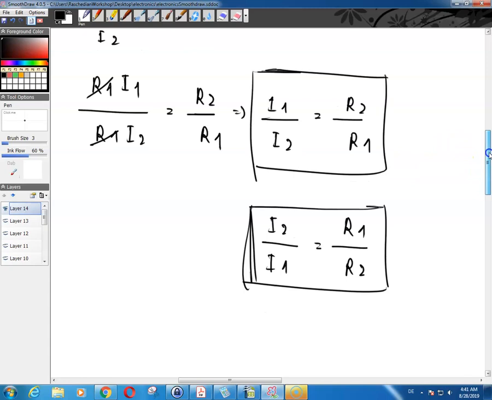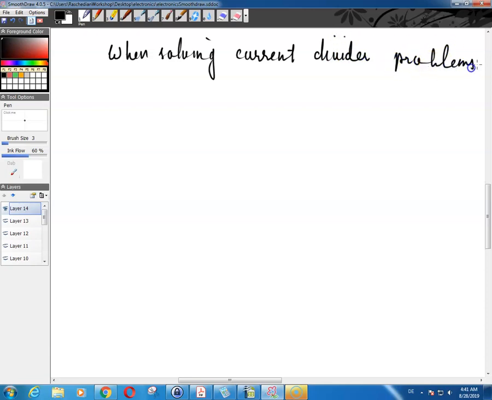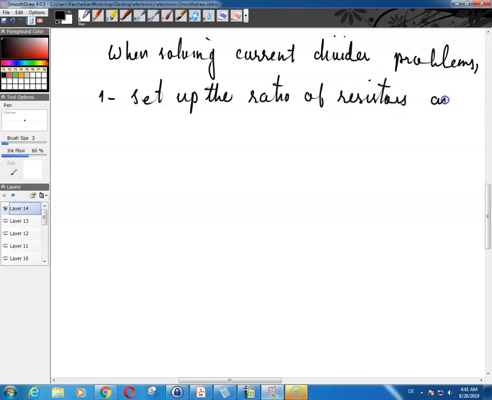So there is a procedure here that says that when solving current divider problems, what you need to do is, number one, set up the ratio of resistors and currents, which is basically, for example, you can write I1 to I2, and on the other side you'll get R2 to R1.